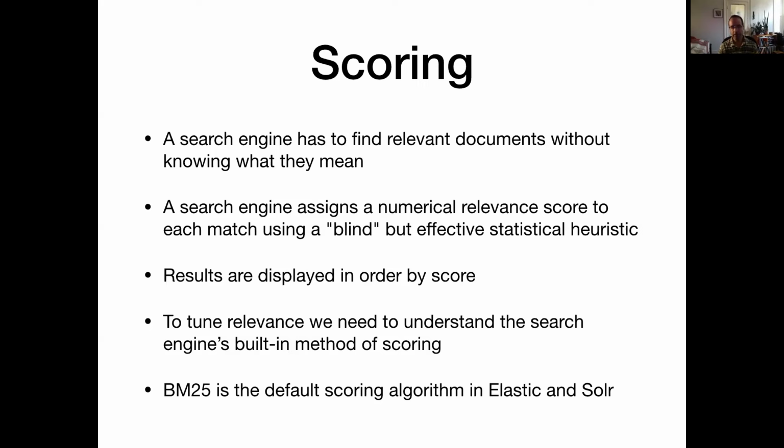To tune relevance, we need to understand the search engine's built-in concept of relevance. So to do anything advanced, we really need a good foundation in knowing how the search engine itself conceives relevance. And it's BM25, that's the default scoring algorithm in Elasticsearch and Solr. So to get this foundation in relevance, what we really want to do is get a deep understanding of BM25 and how it works.